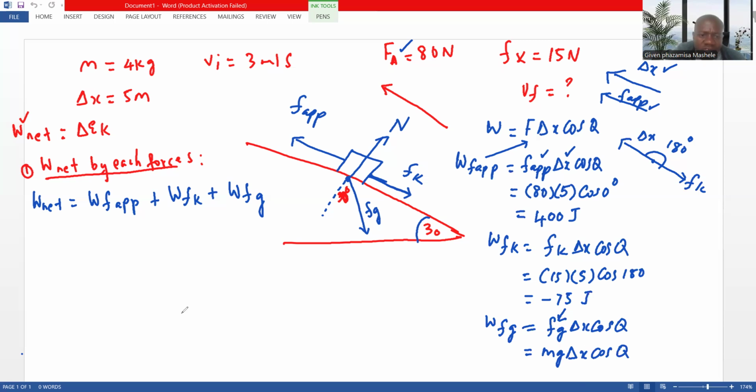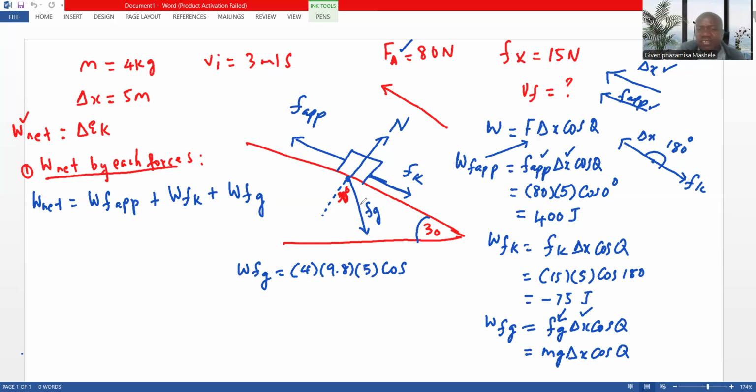Let's do the substitution. The work done by Fg will be, what is the mass? The mass is 4, times 9.8, times 5, times cos of the angle. We want the angle between the force of gravity and the displacement.